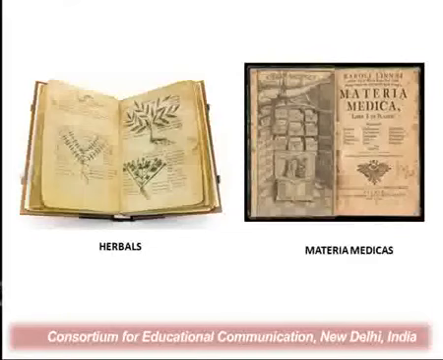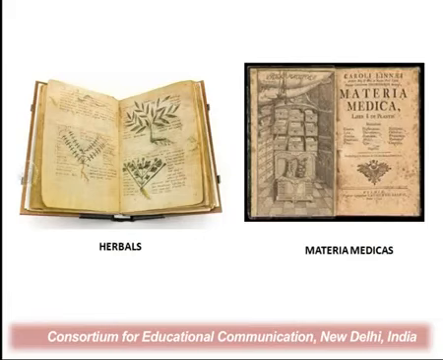In this slide you can clearly see an image of an herbal, which was renamed as Materia Medica. In the picture you can see the image of a plant and its description on the side. In the herbals, and in Materia Medica, its pharmacological action or its action on the human body was also included. These are some of the oldest medicinal plant books.